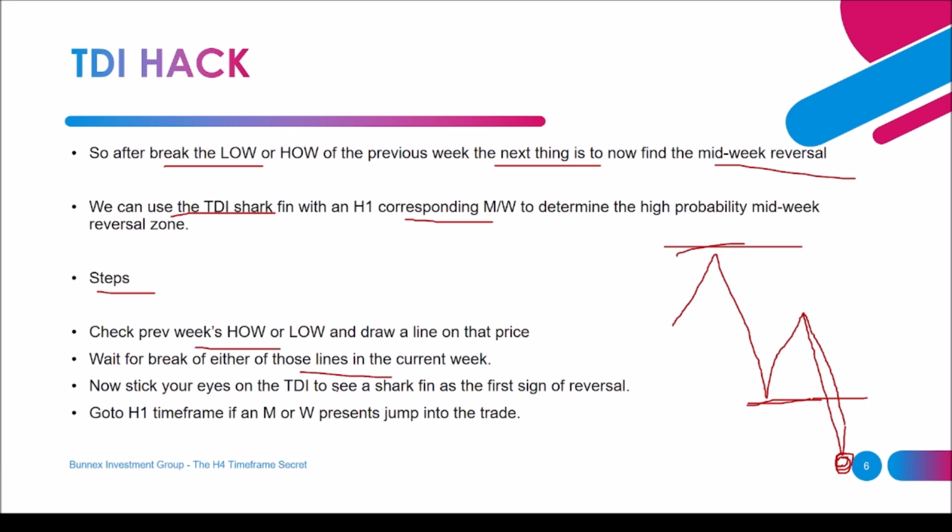Then now stick your eyes on the TDI to see a shark fin as the first sign of reversal, right? After that we now go to the H1 time frame. If an MOW presents, jump into the trade without fear.